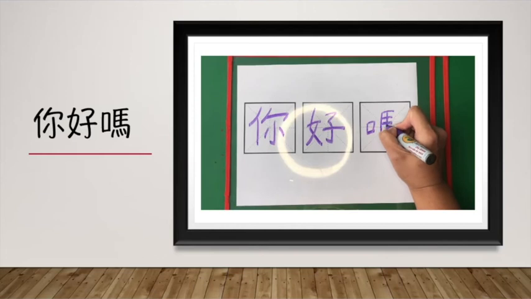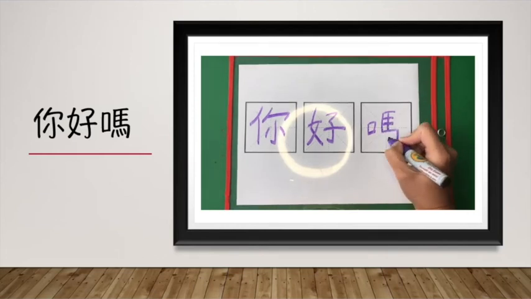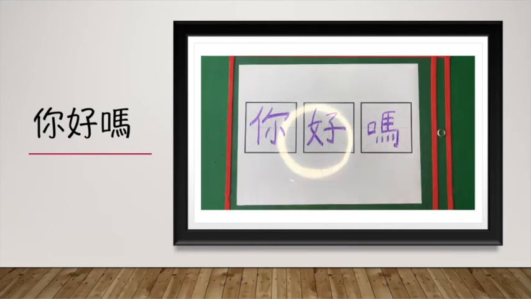So in the past, people thought when a woman gives birth to a boy, that is a good thing. The word ma is shown right here. And if you know what is a horse in Chinese, it is ma. And that's why, when you look at the right side of the word ma, that is the word for horse. This would be how you write 你好嗎? How are you? And this is a proper, formal way of greeting others when we are writing a letter to others.